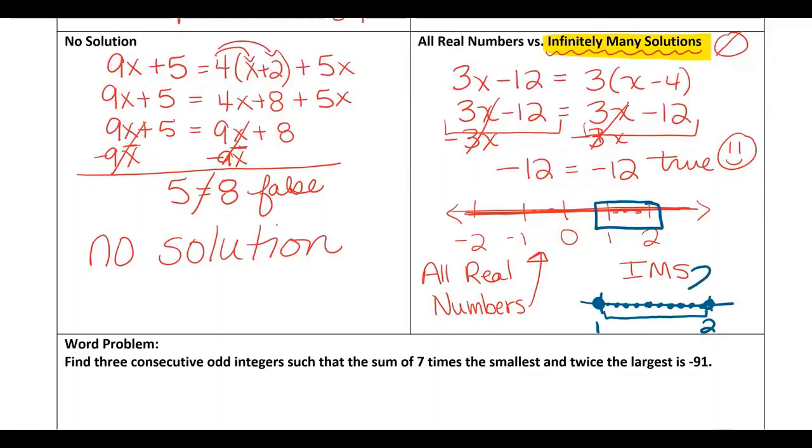So infinitely many solutions exist in this little piece, this little interval here. And yes, infinitely many solutions happen up here, but it's restricted. So you do not use infinitely many solutions here. The correct term is everything, all real numbers. So I do not want you to use infinitely many solutions when you're solving linear equations.